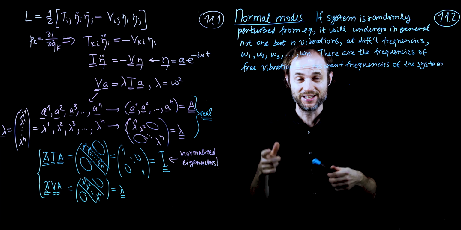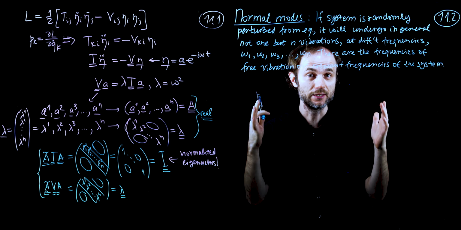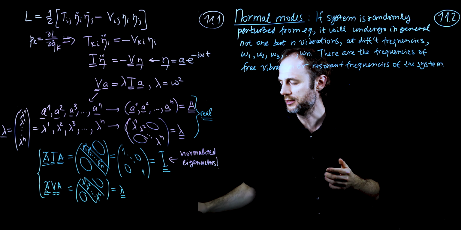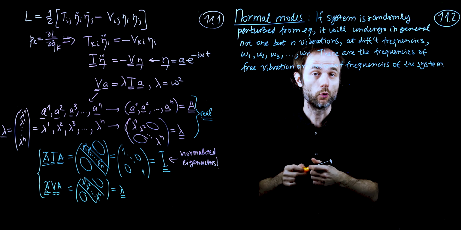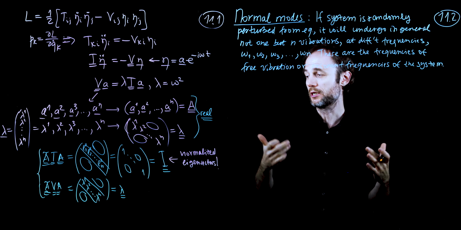And for that, you will be surprised, but we will actually need the eigenvector matrix A, and we will also want it to be normalized. So why is it important for the eigenvector matrix to be normalized, and why do we need it at all?